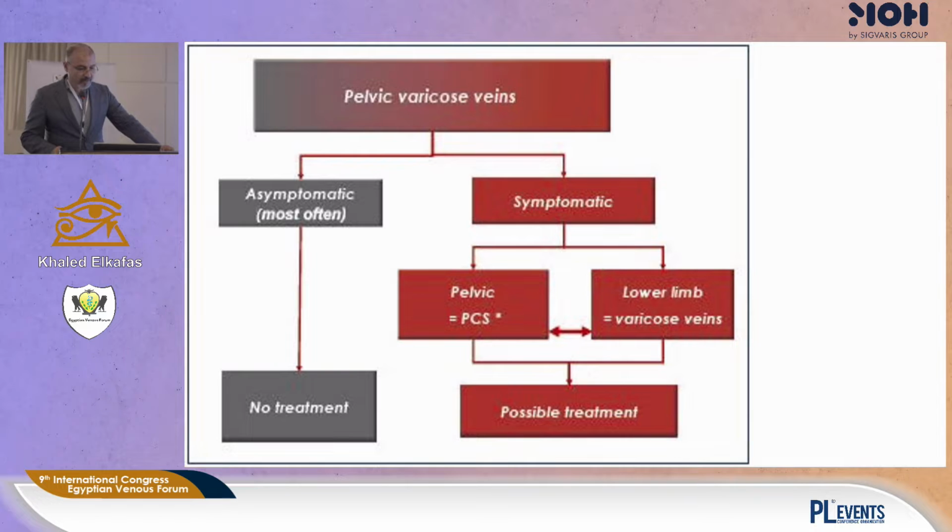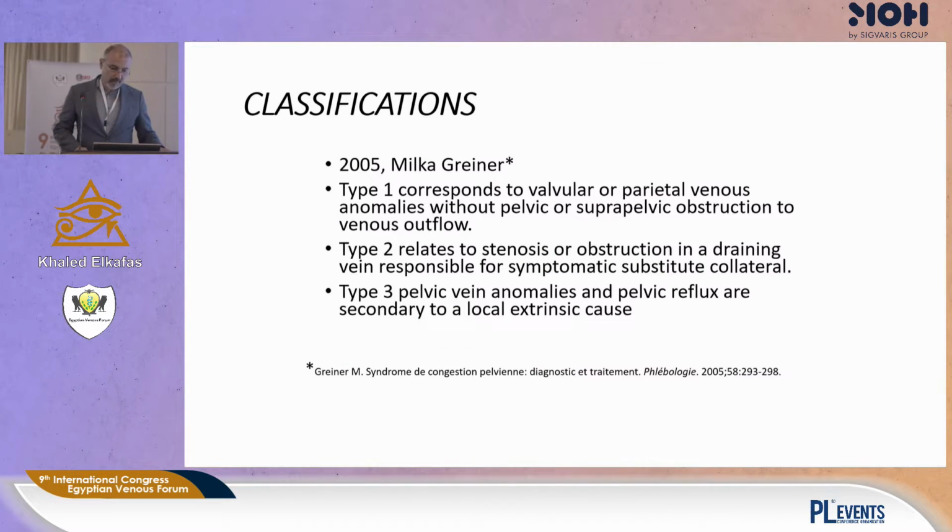Patients with pelvic varicose veins are either asymptomatic, so we search for no treatment, or symptomatic, having symptoms of pelvic congestion syndrome associated with lower limb varicose veins, and they seek treatment. Pelvic congestion syndrome or pelvic varicosities are classified into three types.